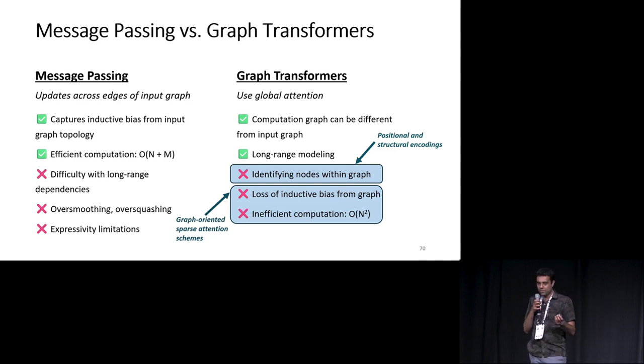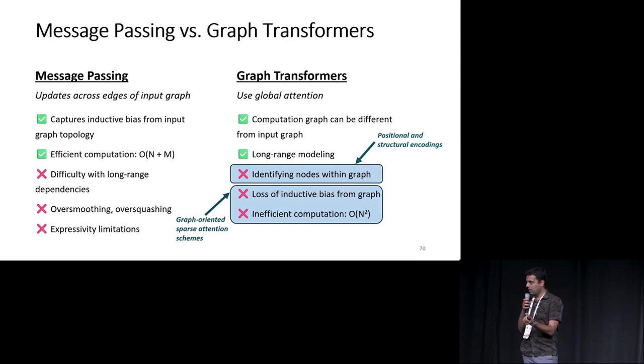But there is some difficulty with long-range dependencies, because if you have a large diameter in the graph, you need to do message passing for at least that many rounds just to have those nodes communicate. And as many of you probably know, when you have too many layers, you can have issues such as vanishing gradients. So there are some issues with message passing.